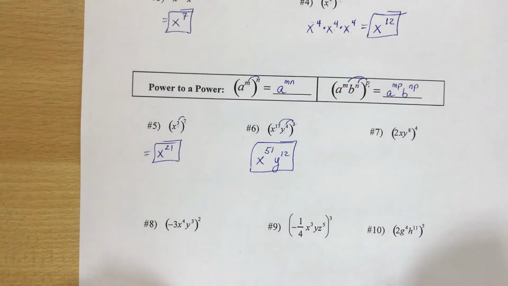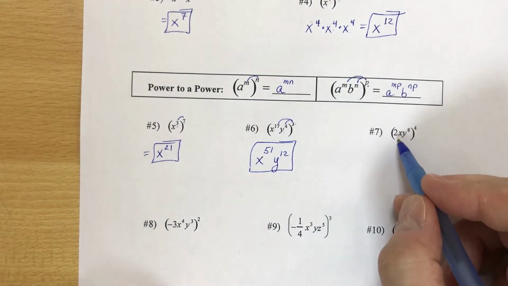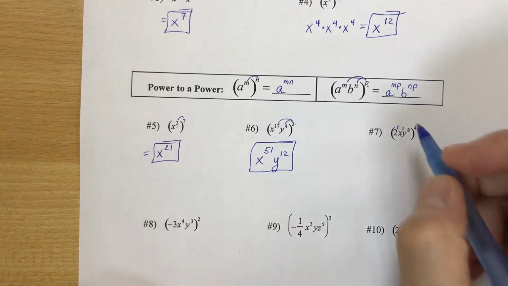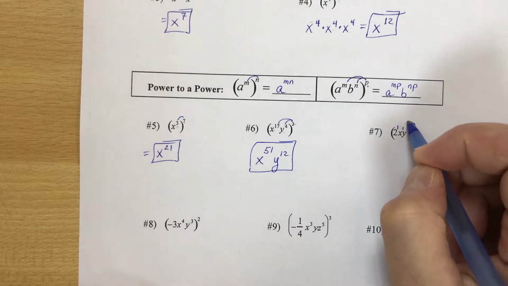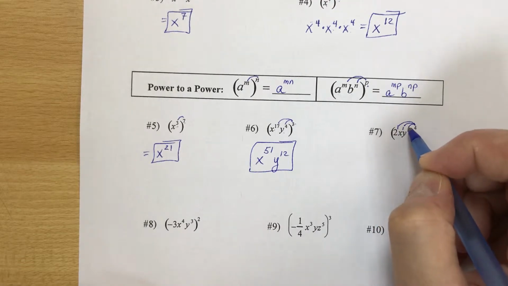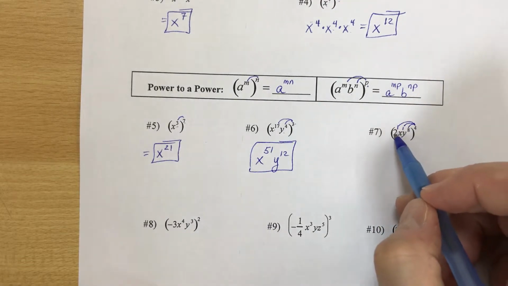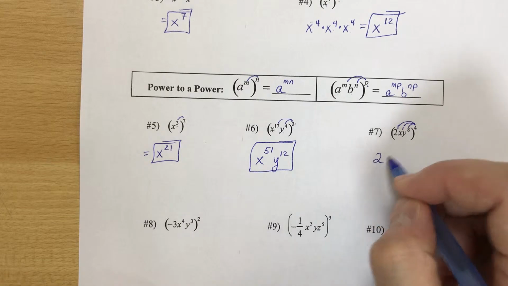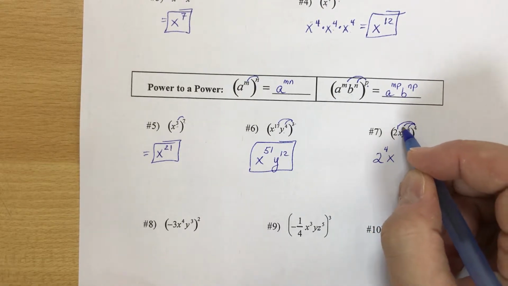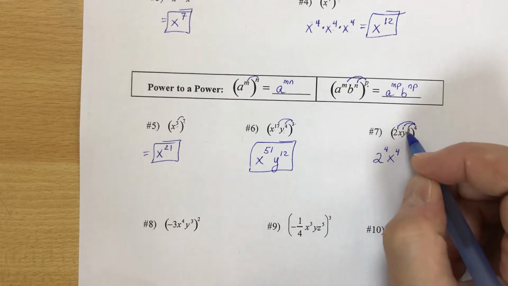That's it. If we have a coefficient, that is 2 raised to the 1st. This exponent, the outside exponent, does multiply all the exponents inside. It is not 2 times 4, it's 2 raised to the 1 times 4, which is 4. X raised to the 1 times 4.